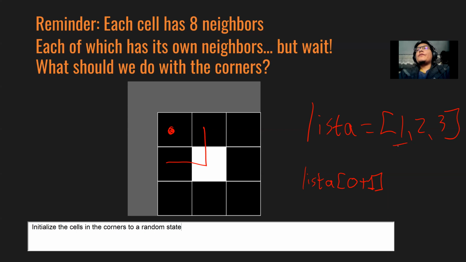If you want to go back and say A[0 minus 1], you are basically going all the way around and picking the number 3. Therefore, index 0 minus 1, or -1, is equal to 3, which in reality is the index 2. These are both the same.